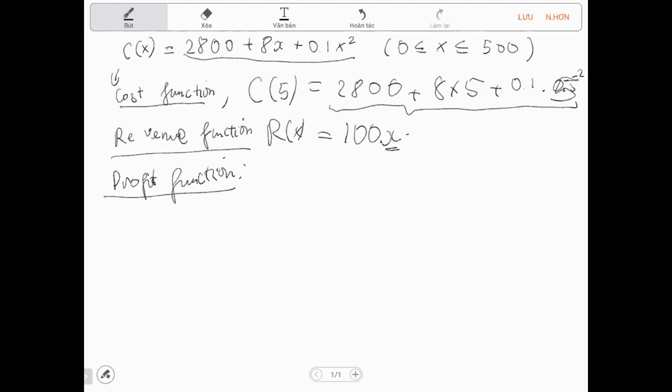I denote the profit function as P(x). So P(x) equals the revenue minus the cost. So we have 100x, you plug in, and then you subtract the amount here.